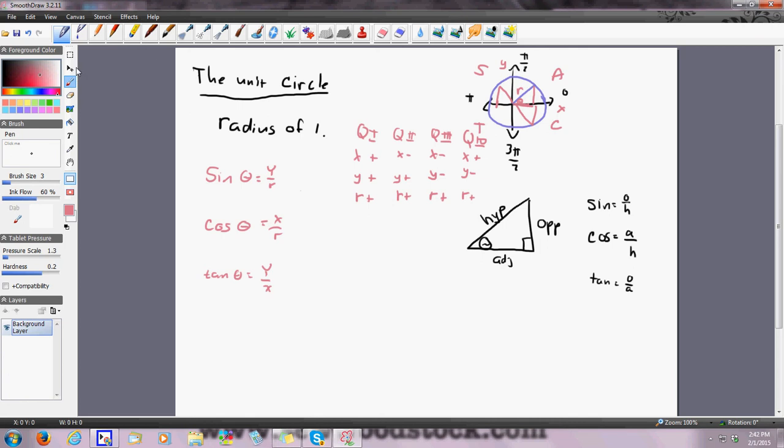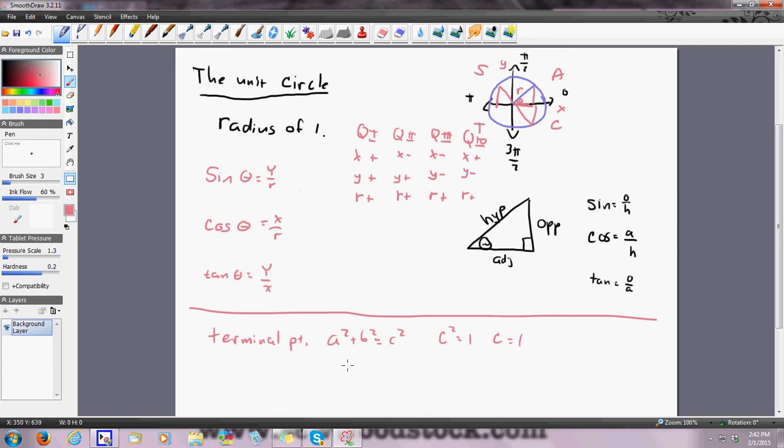And that's it. So in order to find the terminal points, you have to remember it's the Pythagorean theorem: a squared plus b squared equals c squared. Well, my radius is 1, so c squared equals 1, so c equals 1.